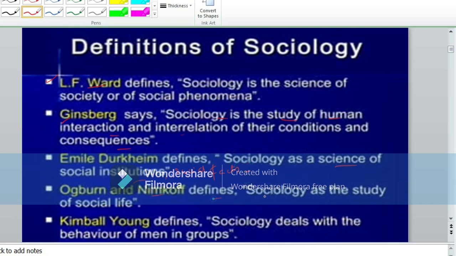Ogburn and Nimkoff define sociology as a study of social life. Kimball Young says sociology deals with the behavior of men in groups, how men interact with the community and group, whether they are workers, lawyers, doctors, priests, and so on.